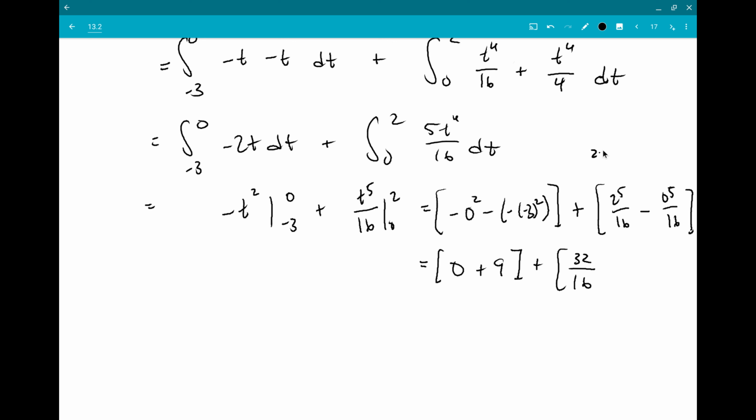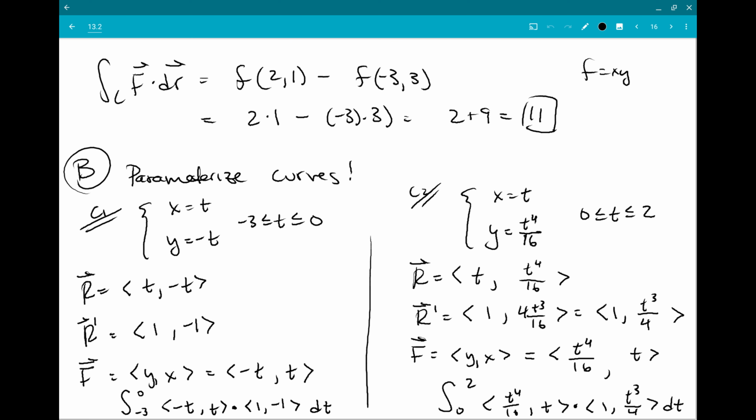Let me just check that. I think that's correct. Minus 0. So I'm looking at 9 plus 2 is 11, which should be same thing I got on that page.